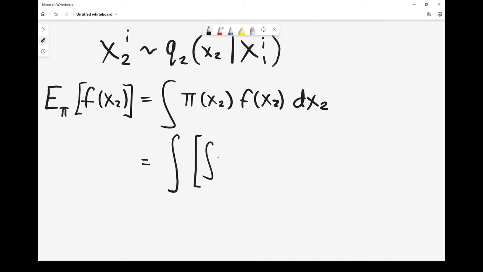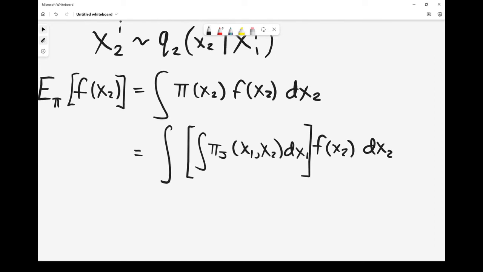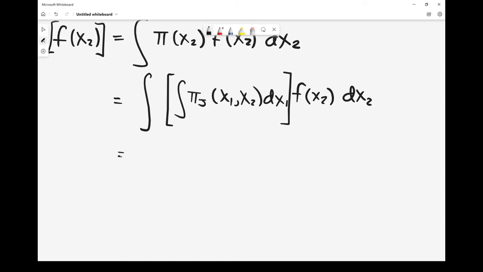We know that this is the integral of the joint distribution, which is defined over x1 and x2, integrated over x1, so marginalised over x1, multiplied by, as usual, f of x2 here. And then just moving the integral around to help us see what's going on. Here's our joint distribution. Here's f of x2, and then we have a dx1, dx2 at the end.